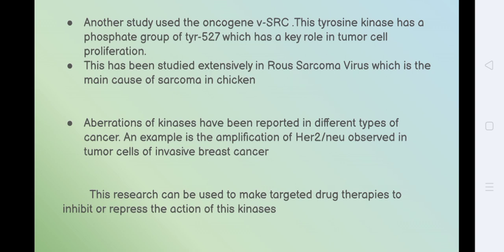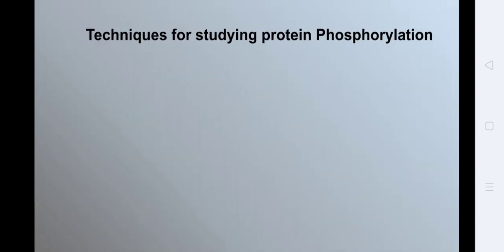There are various methods or techniques by which we can study protein phosphorylation. First is mass spectrometry. Mass spectrometry is an analytical technique wherein the mass to charge ratio is used to identify the sample.